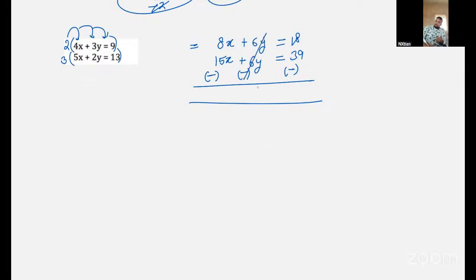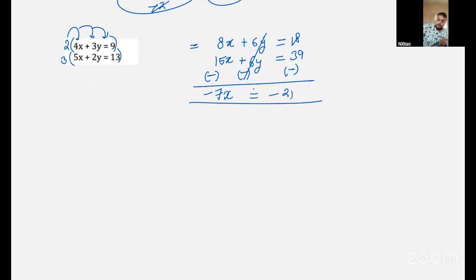This will become 0, and this will become minus 7x equals 21. Not 21, it's minus 21, because 39 is greater and 39 has a minus sign.